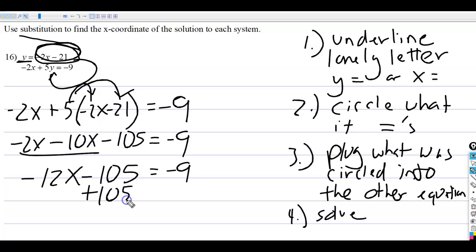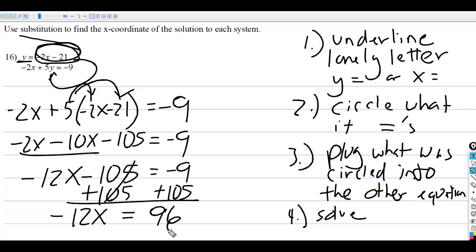And from there, two-step equation. Let's see. I'm thinking that would be 96. And then if we divide both sides by negative 12, I believe we're going to end up with negative 8.